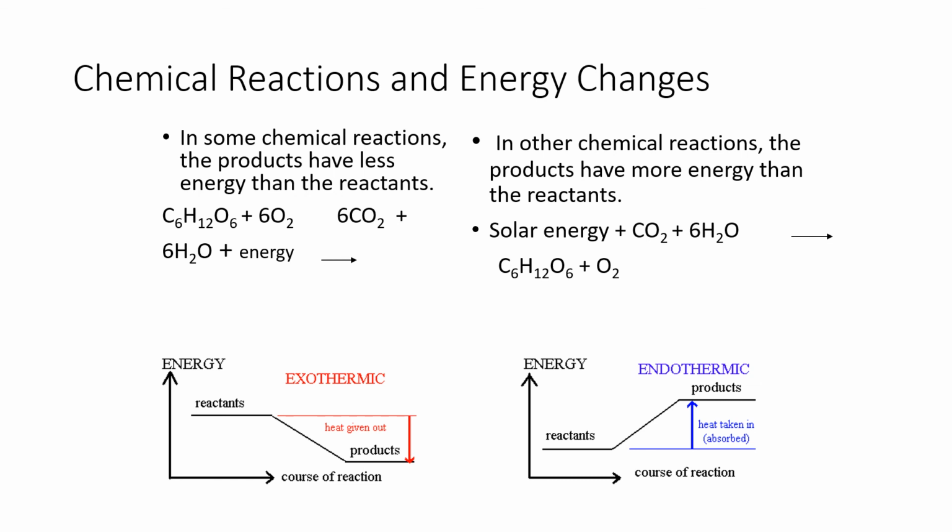So this is an energy diagram. Energy increasing, this is the course of the reaction. In an exothermic reaction, the reactants have higher energy than the products. And this decrease in energy here is given off as heat. So this is the heat associated with this chemical reaction.